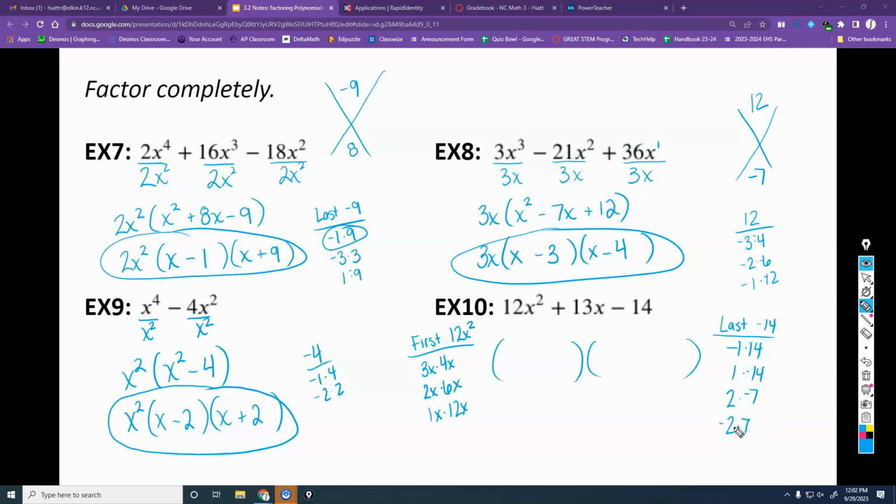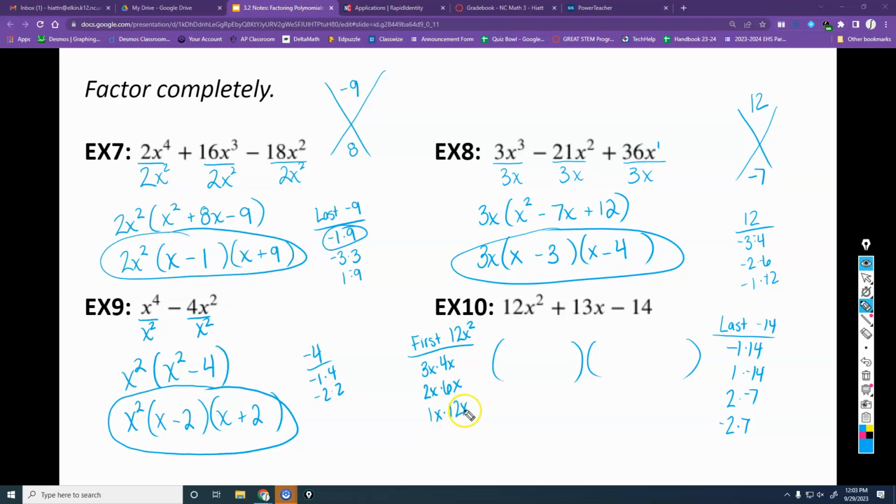So this one's going to be kind of difficult because you have so many different options of things to check. I would start with the ones closer together, the 3x and the 4x, or maybe the 2x and 6x. I would usually not start by the x and the 12x, just because they don't seem to give those as problems as often.